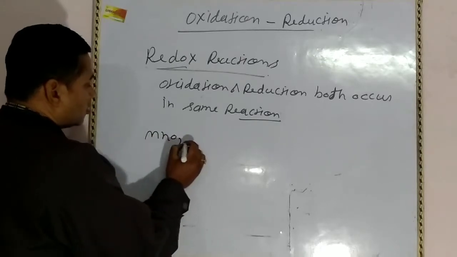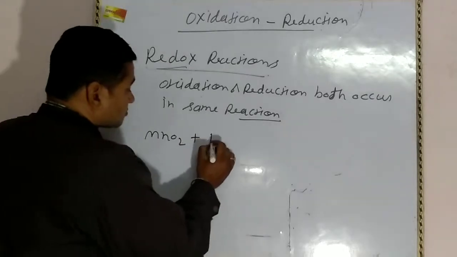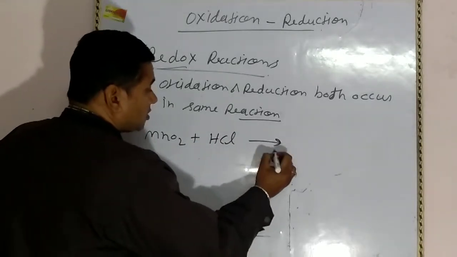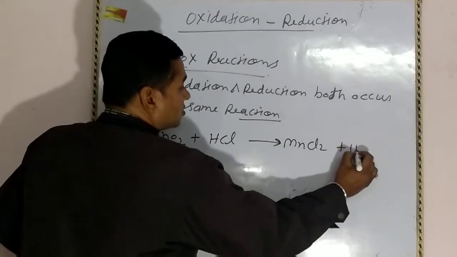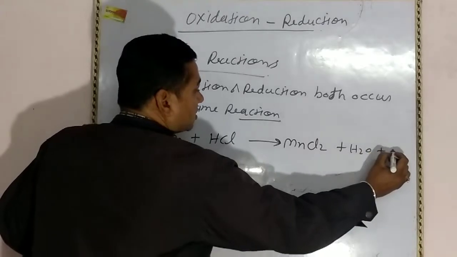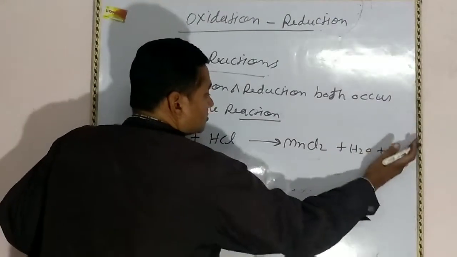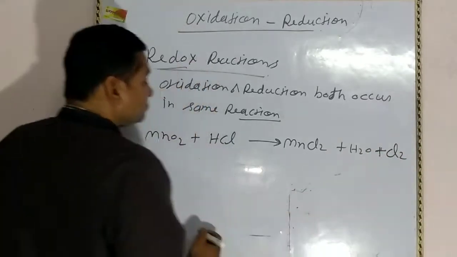MnO2 plus HCl, it forms MnCl2 plus H2O plus Cl2.